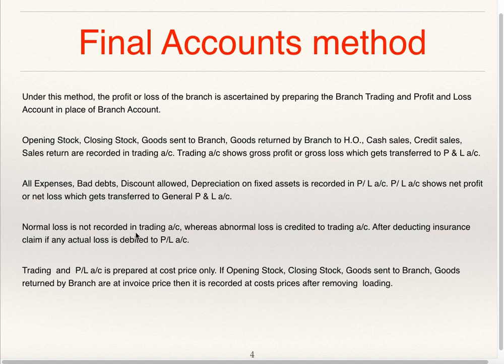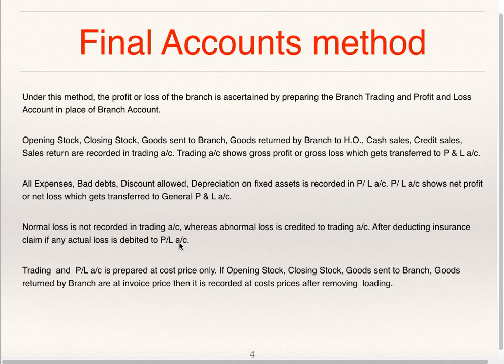Normal loss is not recorded in trading account, whereas abnormal loss is credited to trading account. After deducting insurance claim, if any, actual loss is debited to profit and loss account.